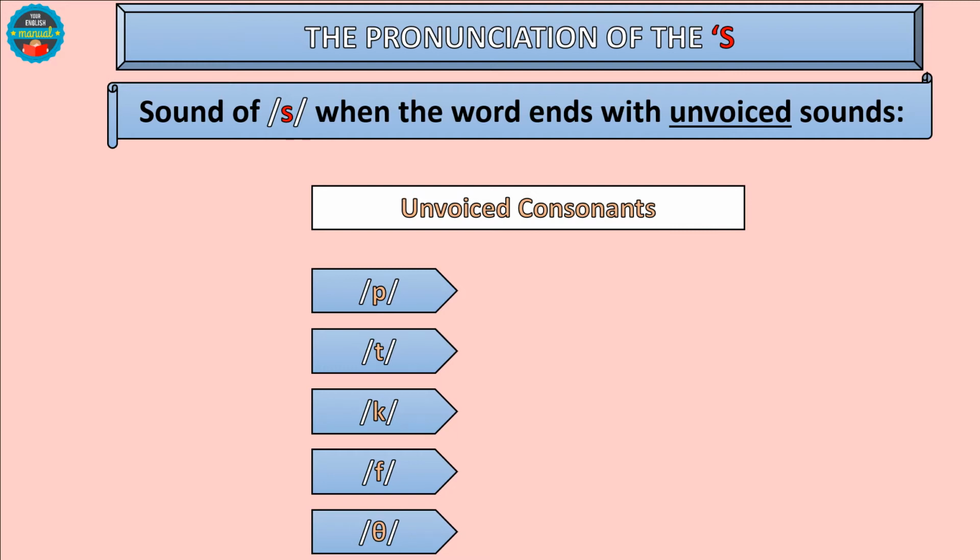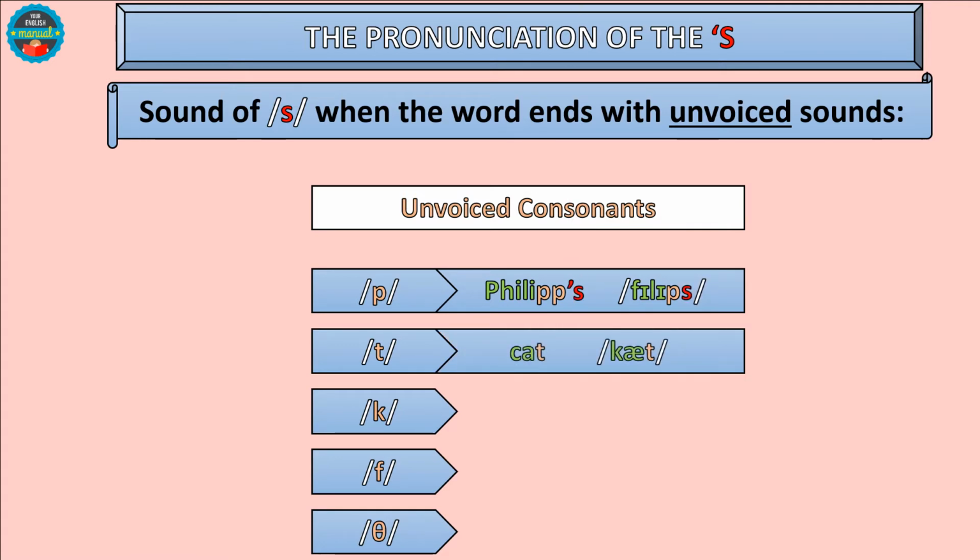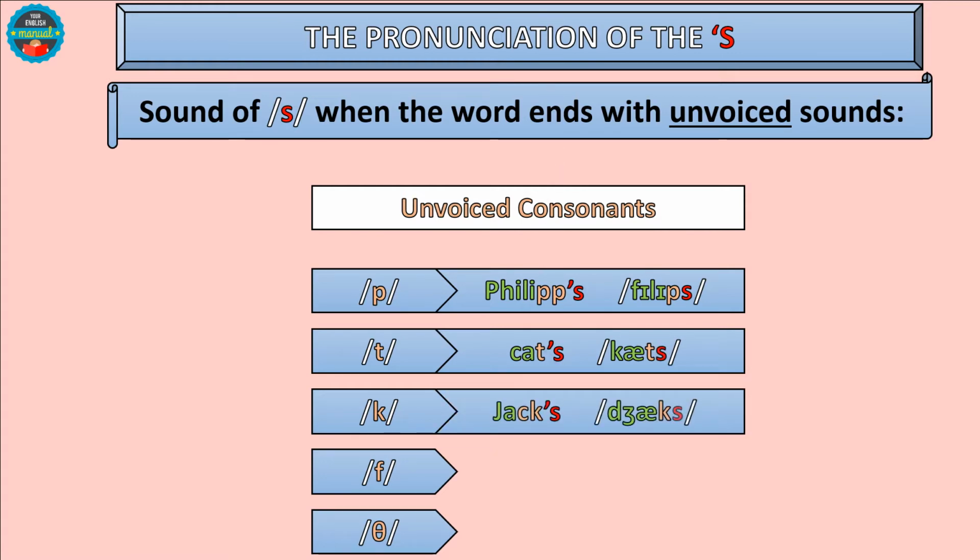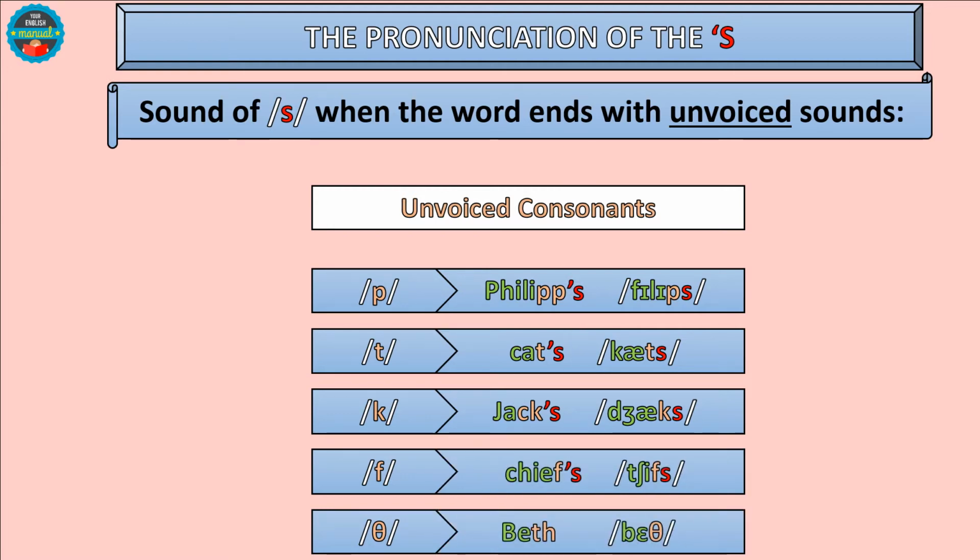Let's see an example for each one. Philip, Philip's. Cat, cat's. Jack, Jack's. Chief, chief's. Beth, Beth's.